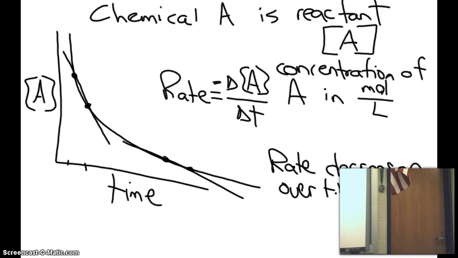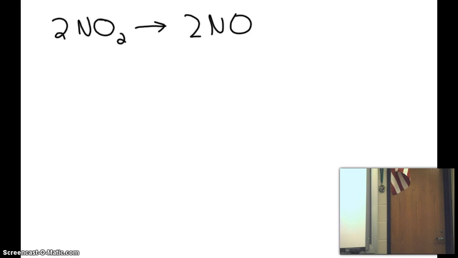Okay, so one more thing here. Let's go to a new page. Let's take a specific one real quick. Let's say we have a reaction where a couple of NO2s are doing a little simple thing, giving up an O and making a couple of NOs, and that kicks off some O's, and they go together and make an O2.